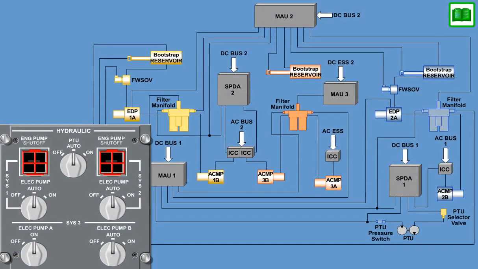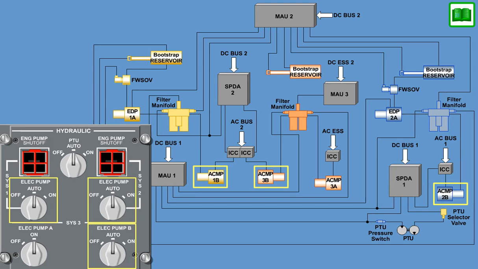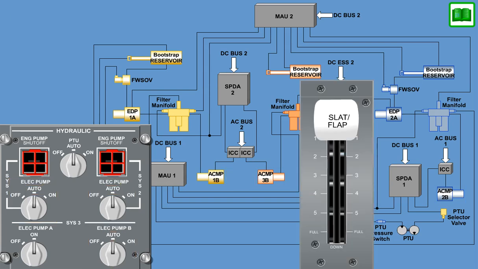The ACMPs 1B, 2B, and 3B will be in automatic mode control when their respective cockpit switch is placed in the auto position. With electrical power available, they will automatically be started when the following conditions are true. ACMPs 1B and 2B will be turned on when flaps are at 0 degrees.